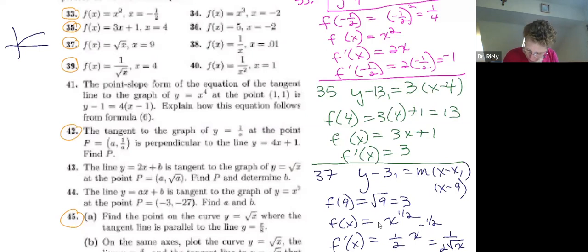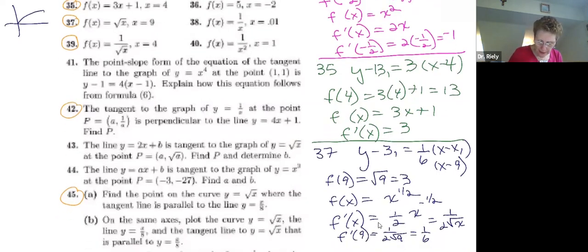So f prime of 9 equals 1 over 2 radical 9, which is 3, because it has to be positive. 1 over 2 times 3 is 6. So let's go ahead and change that. So I have 1/6.